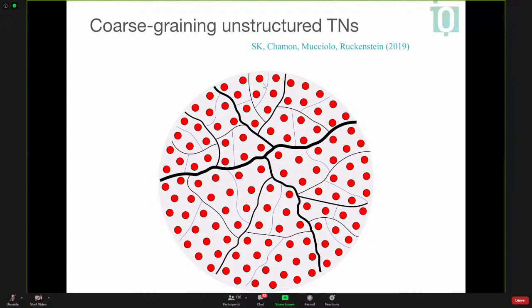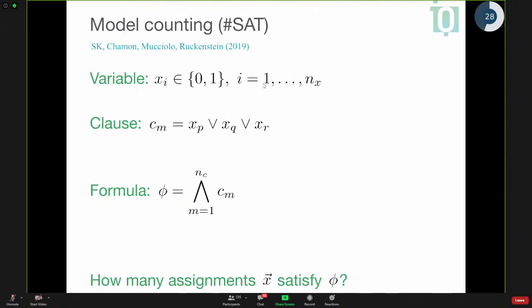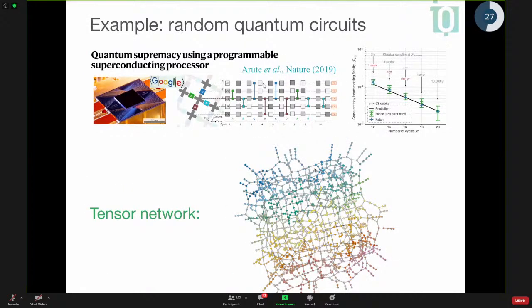Basically, the idea is what I showed you here. You start with whatever structure is your tensor network. Let's look at this particular example. This is your circuit represented as a tensor network. And now you ask, how can I cut this in half?